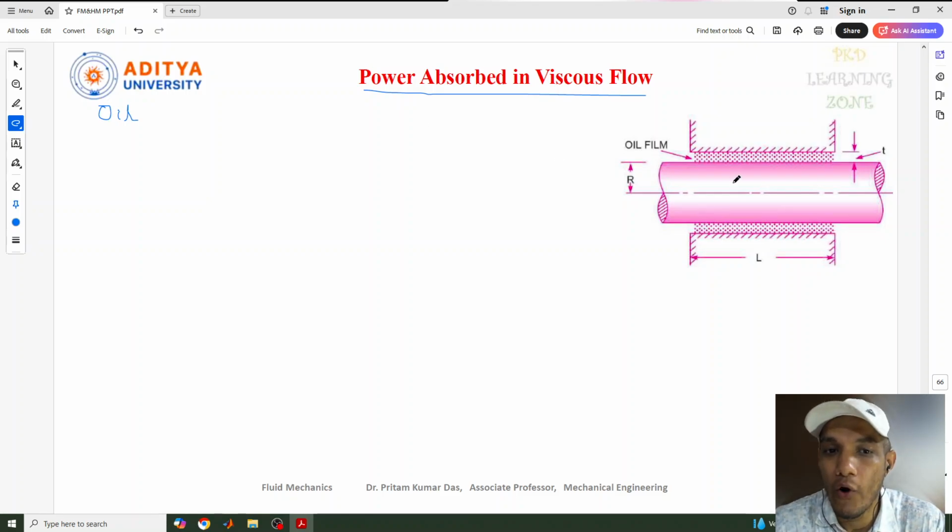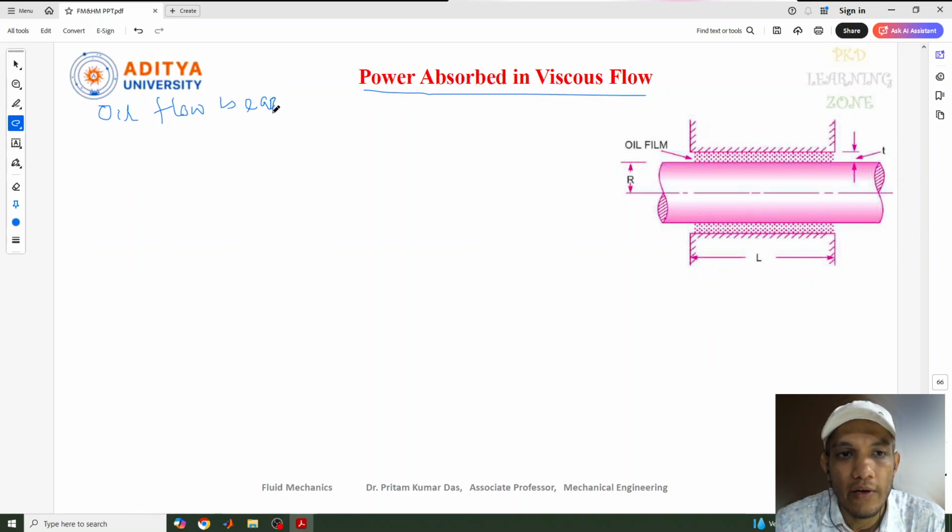So the flow of oil in a bearing is the best example of viscous flow.